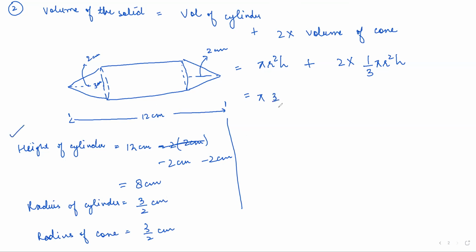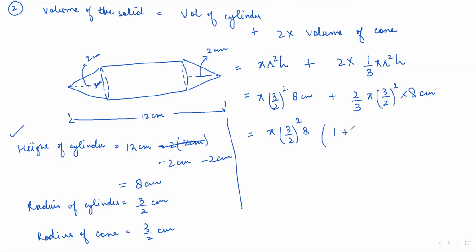So that is 3 by 2 whole square and height is 8 centimeter, plus 2 by 3 pi and r is again 3 by 2 whole square into 8 centimeter, right? So you can see I can take pi into 3 by 2 square outside and also 8 outside. So I have only 1 plus 2 by 3, right?